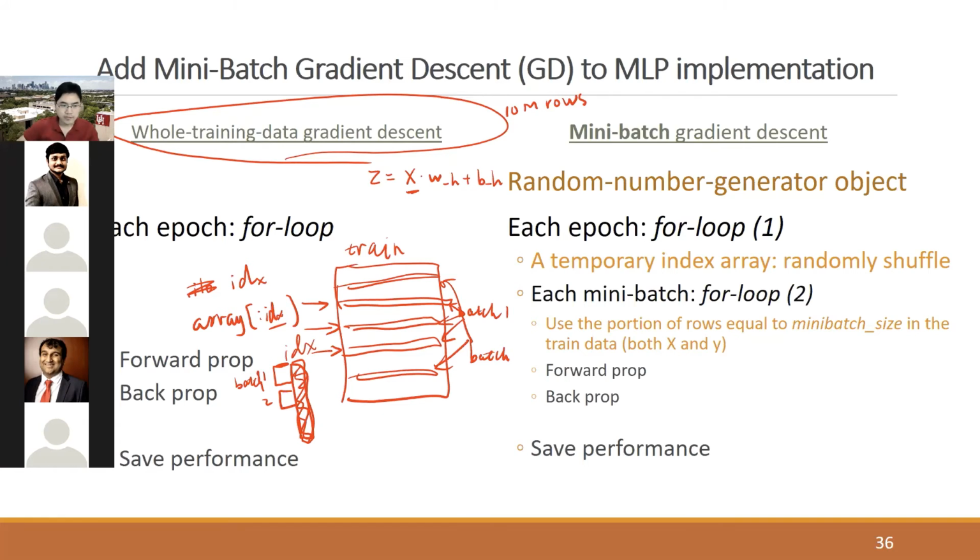So if that's not possible, I guess you can only go with mini batch. So that's the reason. For smaller data sets, perhaps whole training set gradient descent is maybe better. But again, with TensorFlow, you don't even have that option anymore.